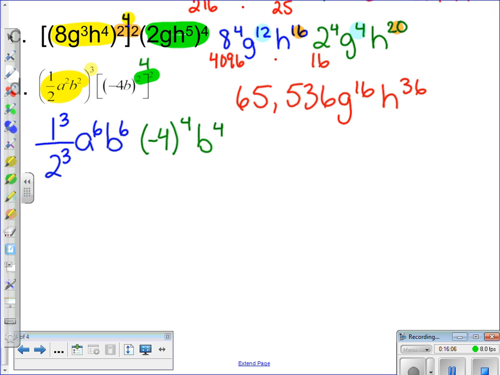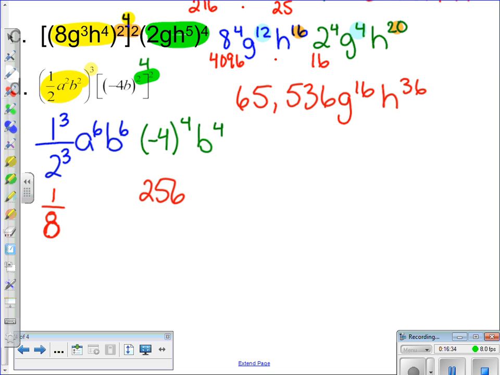Now it's time to multiply our numbers together. 1 times 1 times 1 is 1. 2 times 2 times 2 is 8. Now, negative 4 to the 4th power is 256. Now remember, you have to use parentheses because a negative 4 to the 4th power is always going to be a positive number.